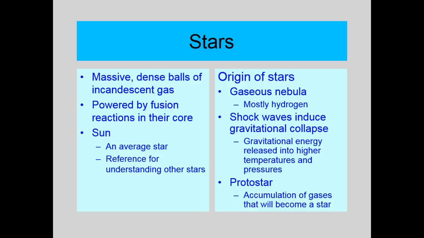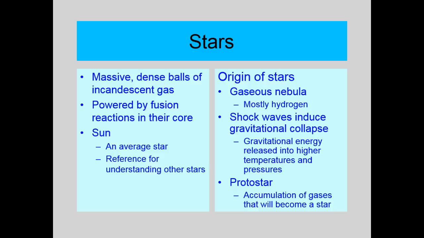But these will be released into higher temperatures and pressures. Because guess what? If you bring more objects closer together, and guess what? These gases are always moving. I don't know if you've ever looked under a microscope just to see what's there. The things aren't still. They're always moving. The first guy to acknowledge that was a guy named Brown, and they call that Brownian motion. These things are always moving, okay?